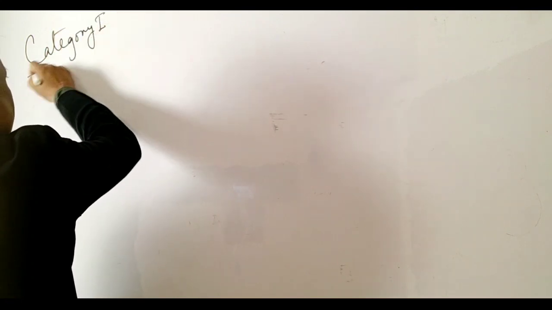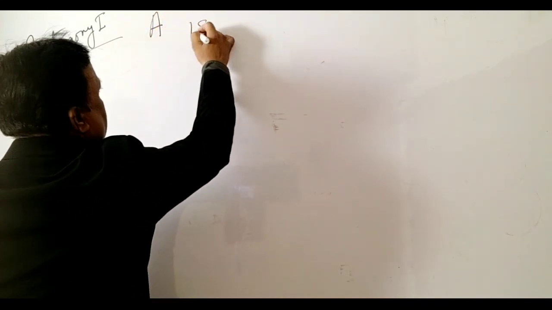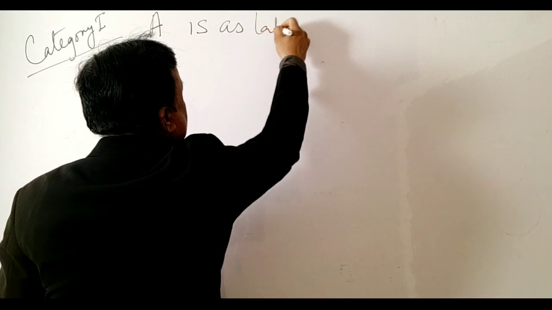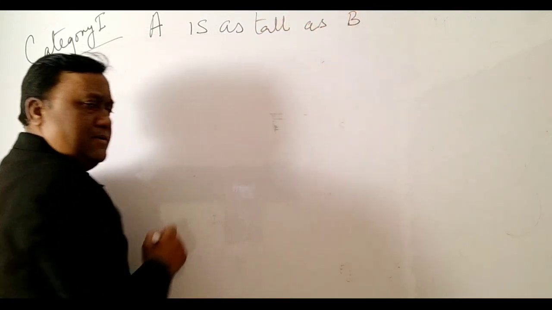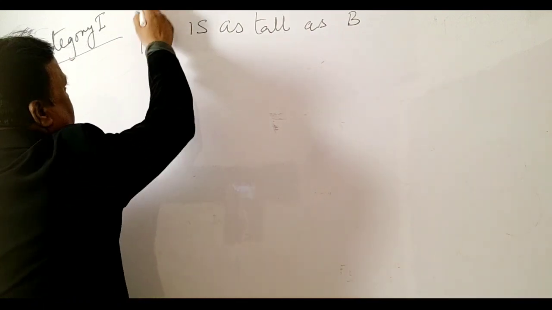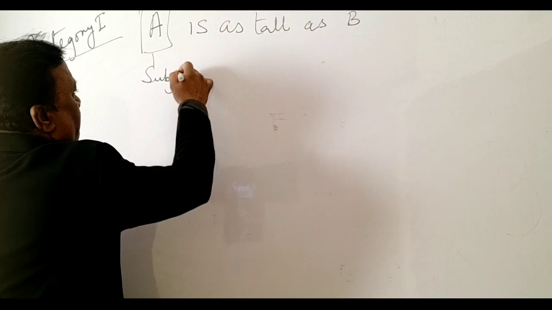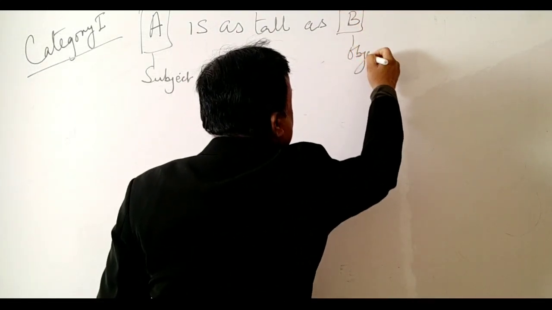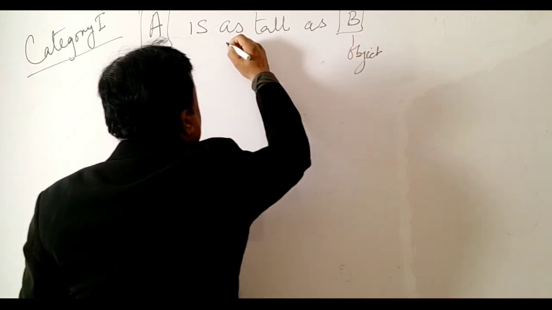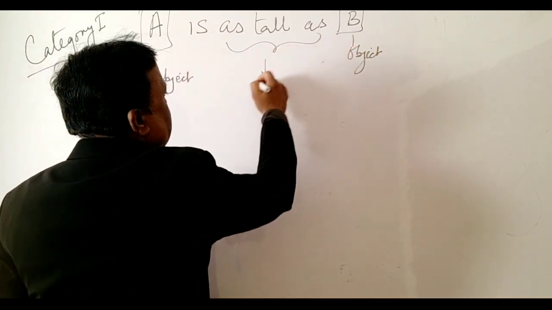Category 1, if I look at the sentence A is as tall as B, wherein A is the subject, B is the object, and I take this as the degree set.